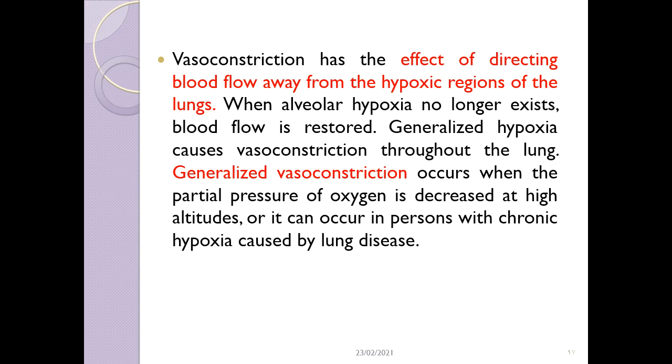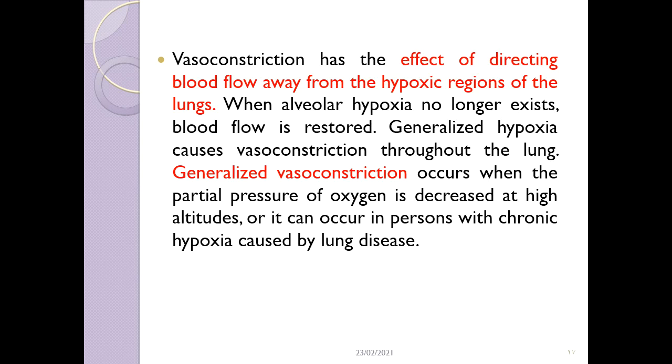Okay. What happens if there is a generalized hypoxia? We were talking about a regional hypoxia. Now, what happens if there is a generalized hypoxia? Generalized hypoxia will cause a vasoconstriction throughout the lung.